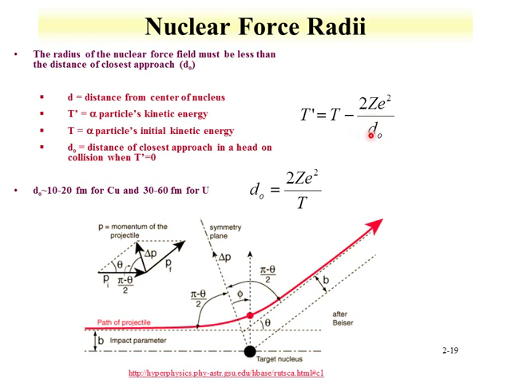So it's the closest approach, and it's a way of measuring the nuclear radii. If one does this, we see that we get nuclear radii of 10 to 20 femtometers for copper and 30 to 60 femtometers for uranium. This doesn't mean that there's variations. What it really means is the differences in this closest approach will depend upon the energy of the particle that we're using.